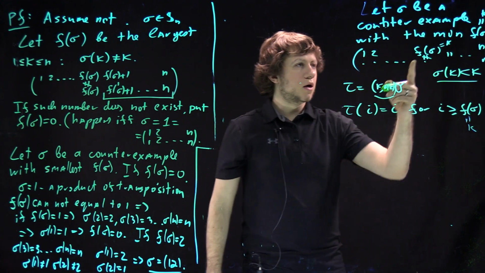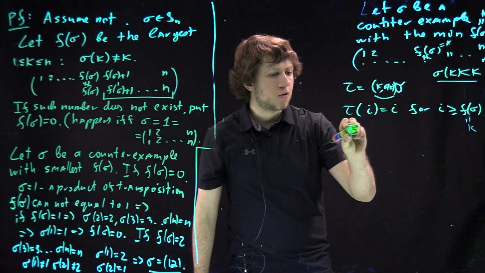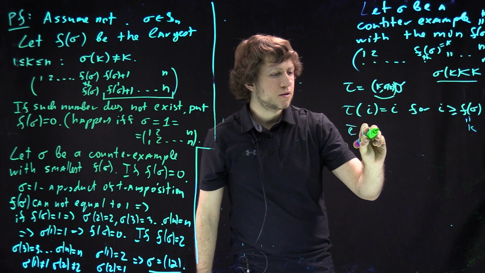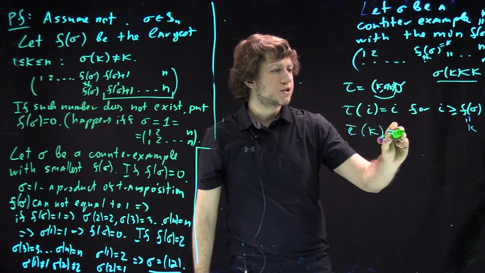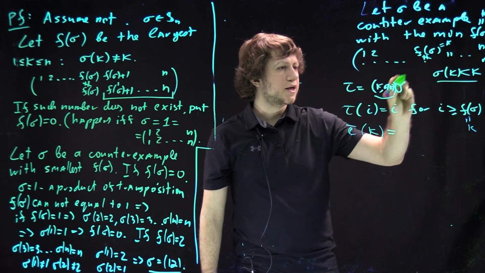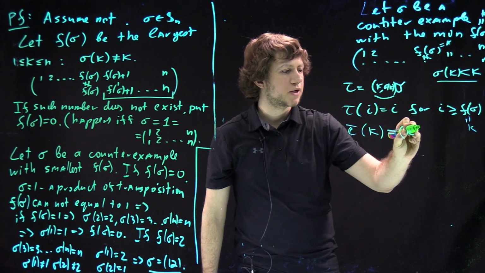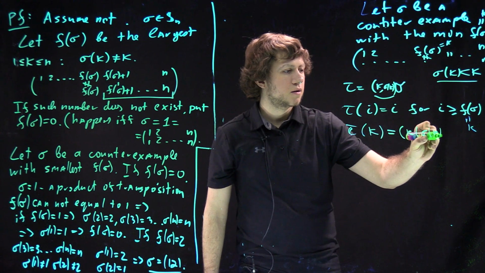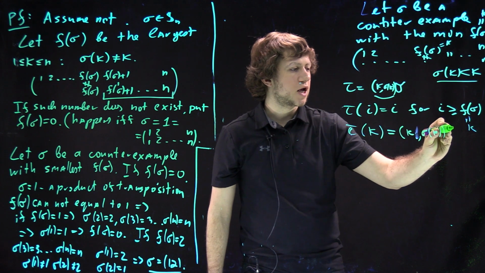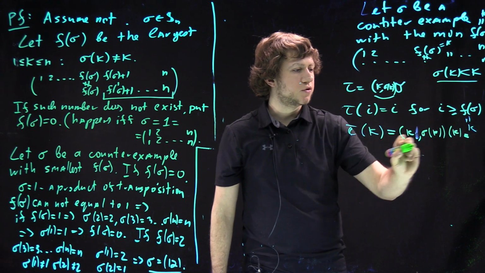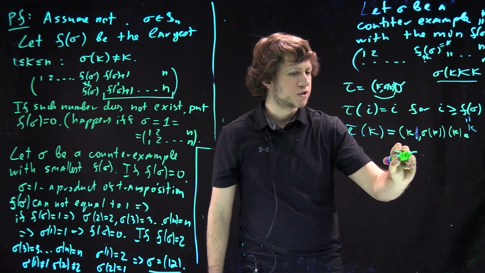Moreover, if you take tau of k, then if you transpose k and sigma of k, k goes to sigma of k.